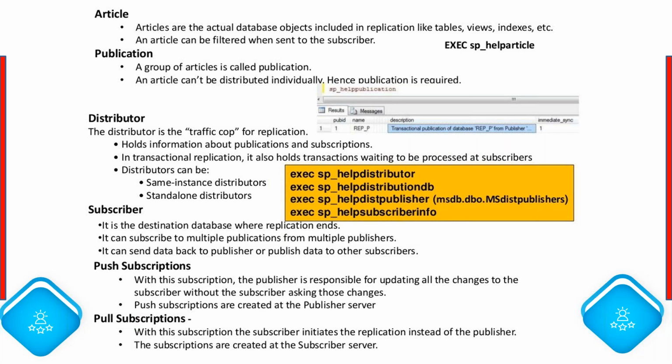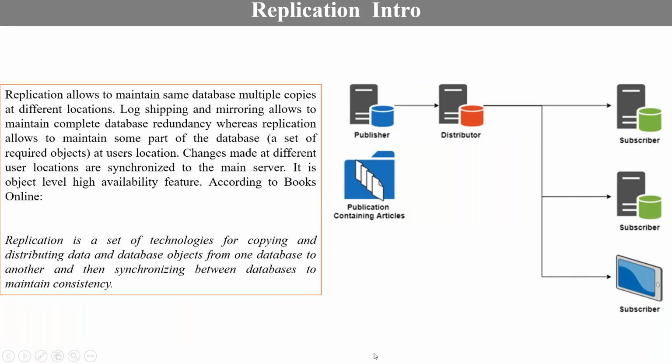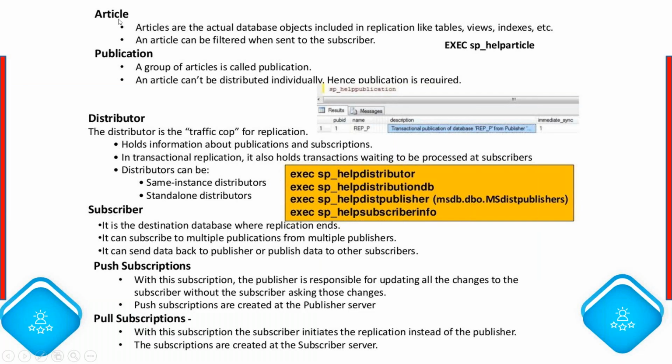So what exactly is replication doing? Replication is replicating objects like tables, views, stored procedures, functions, triggers. But don't call them objects. You should call them an article, sir. How many articles are you trying to replicate? You can replicate a single article. You can replicate n number of articles, sir.